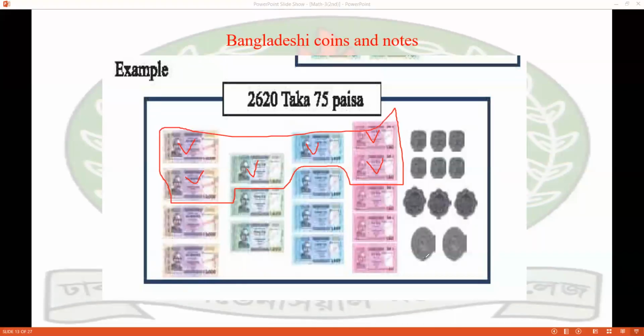So at first we choose 50 paisa, then we choose two 10 paisa, so total is 70. Then we need 5 paisa, so we choose one 5 paisa. You can choose in different ways from here to build up the amount of paisa as you wish. By this way we can solve this problem.